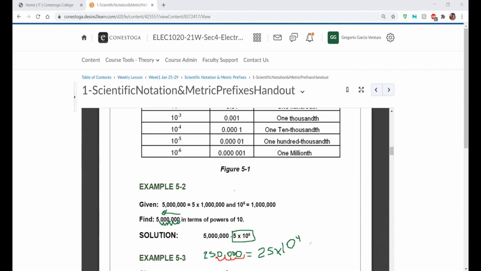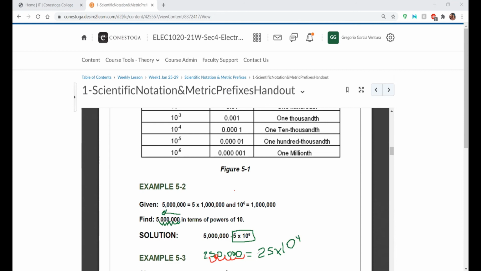Now, if I ask you to write the same number but express it in scientific notation, then you have to go one step further. You have to take the little decimal point, which is here, and move it all the way to the beginning.